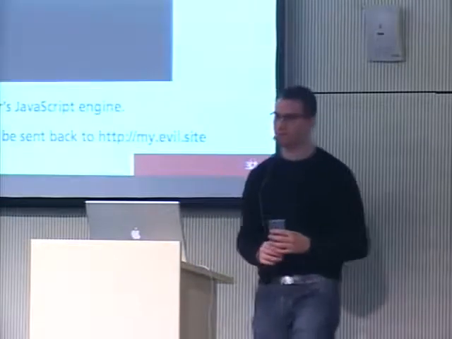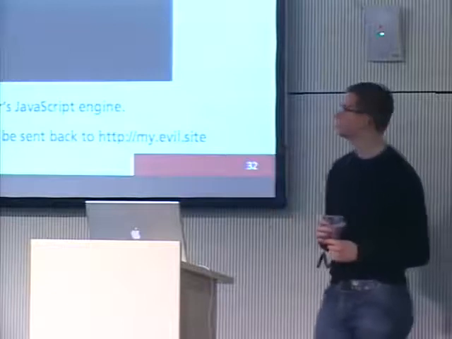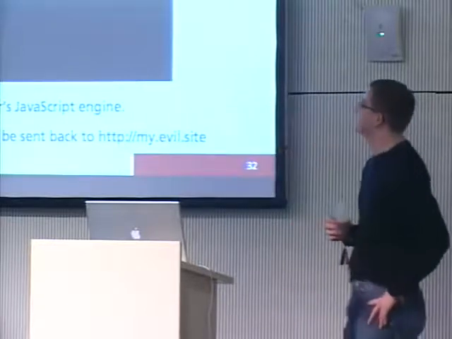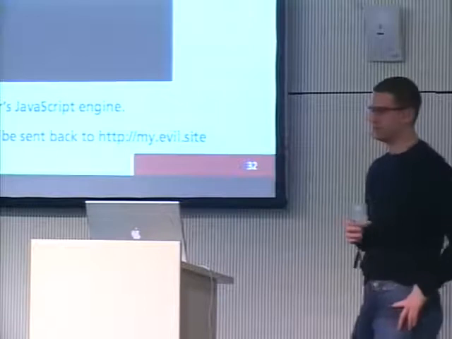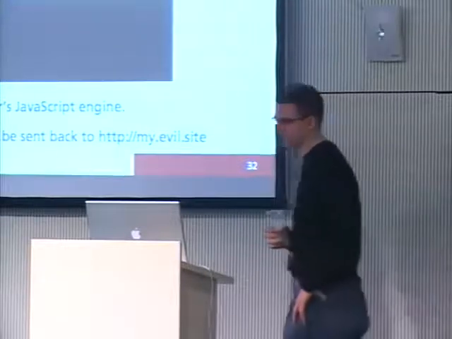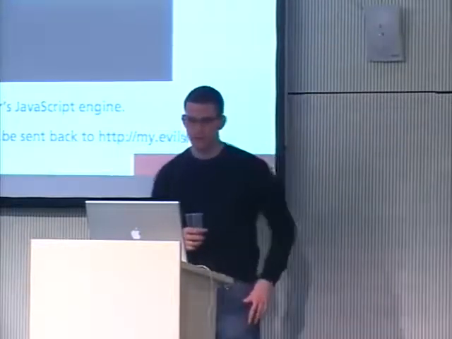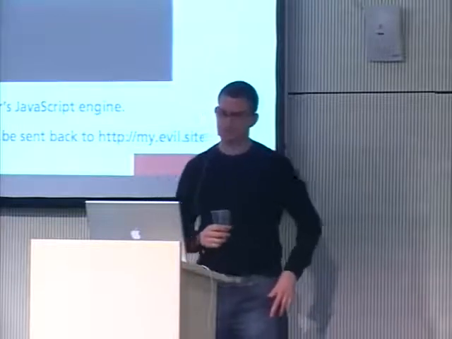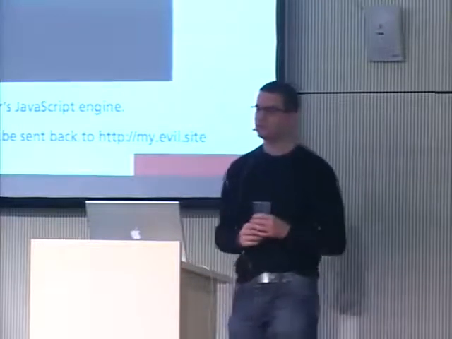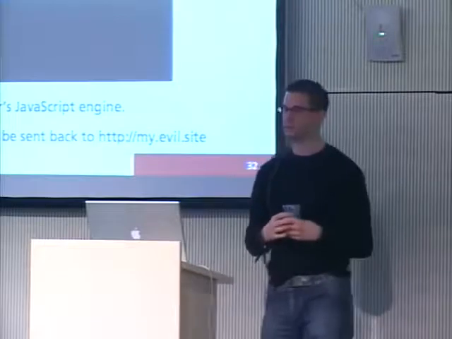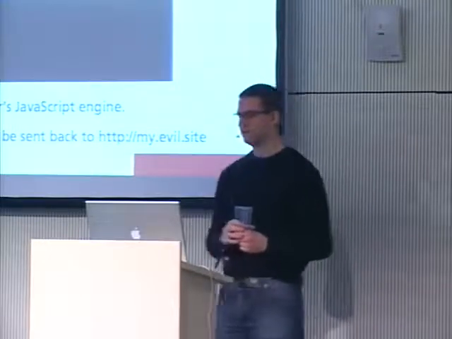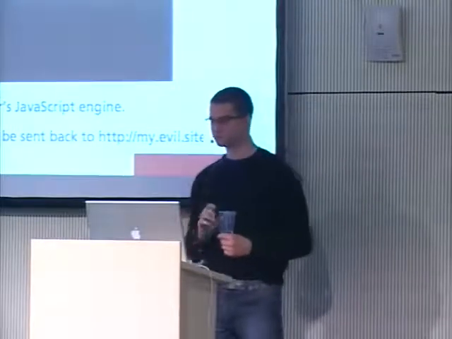Another very nasty attack, maybe not so common, but one that gained some publicity because Gmail was also vulnerable to it, is JavaScript hijacking. What it basically means is that Ajax applications that output JSON values are vulnerable to data leaks.